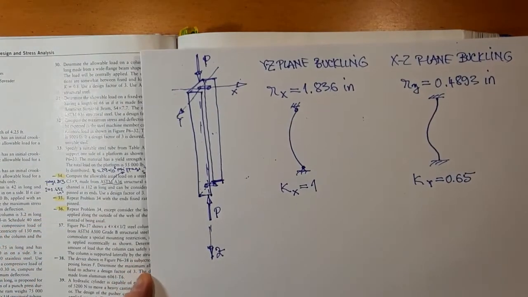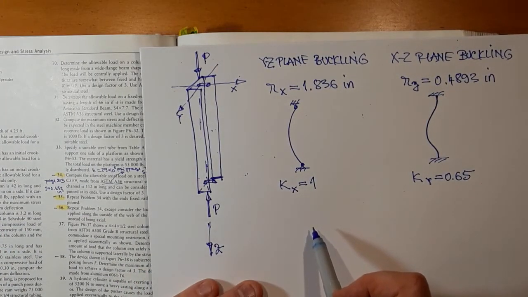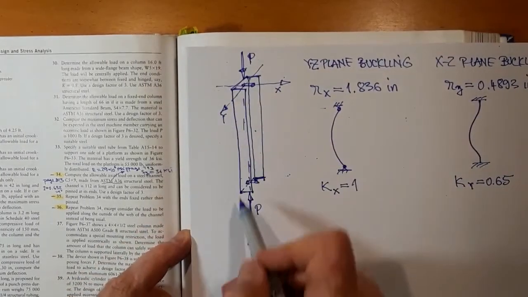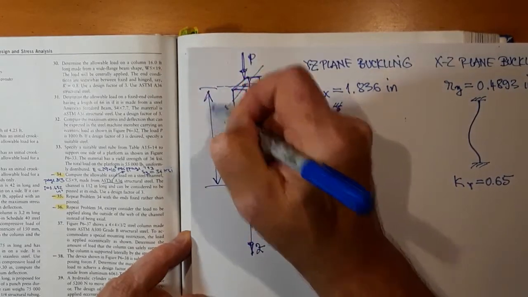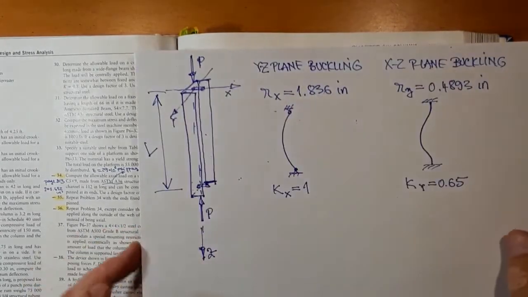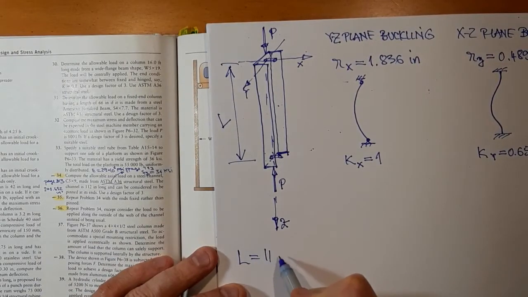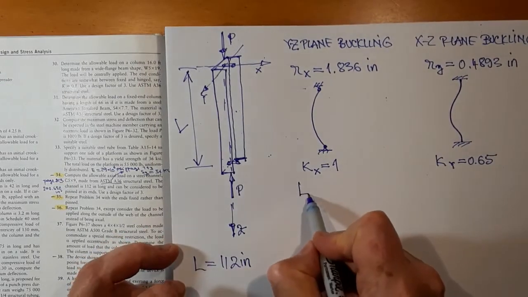Okay. We can now calculate the equivalent length. We have L, and L is 112 inches, so equivalent length.